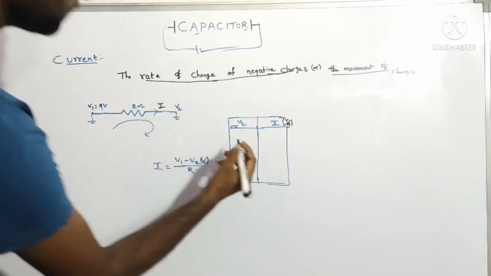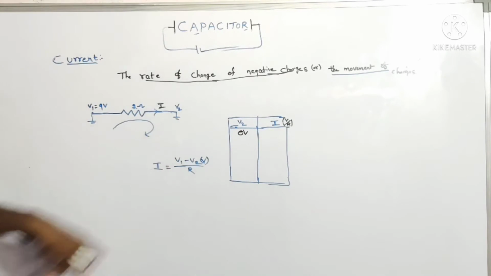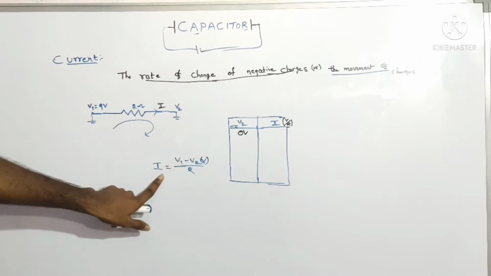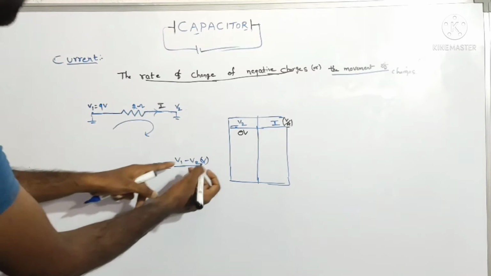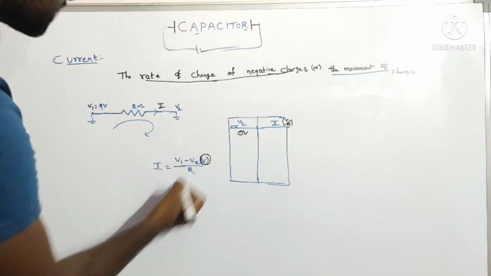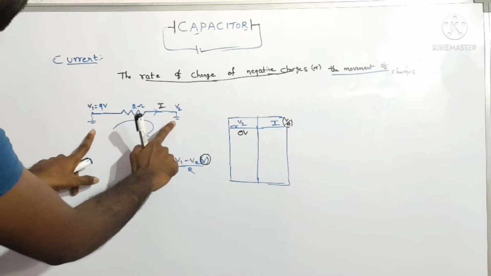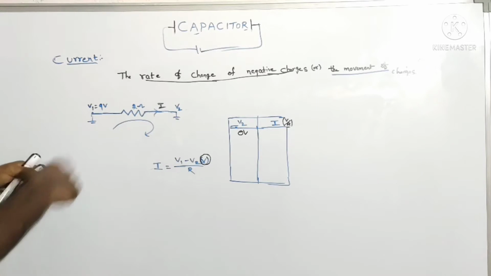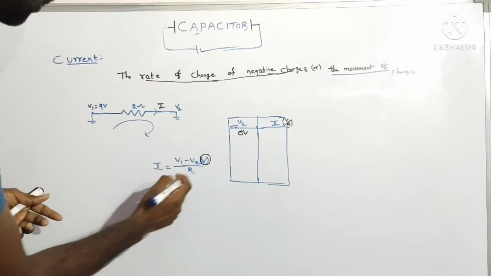I'm writing this V2 as 0 volts first. Now you can see the current. We know that current I is equal to V over R from Ohm's law. This V is nothing but the potential difference between these 2 points, right? So 9 minus V2, which is 0. 9 minus 0 over 2.